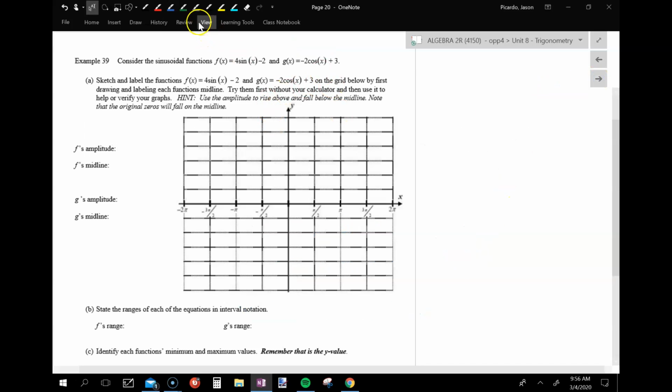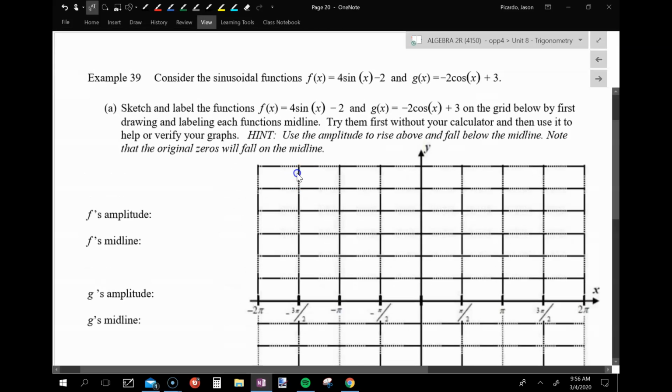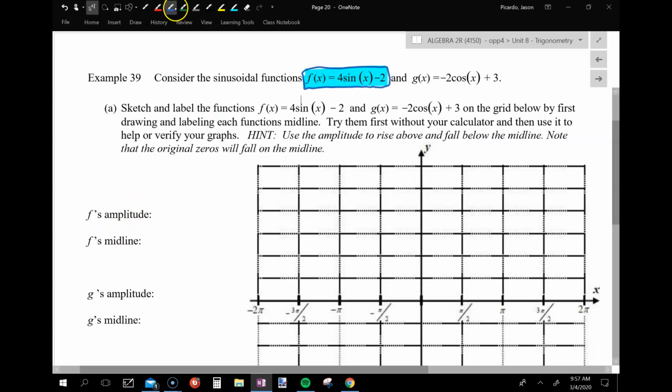So if I look at this first example here in blue, I have two questions to ask you about that. Question number one, what is the amplitude of 4 sine of x minus 2? 4.